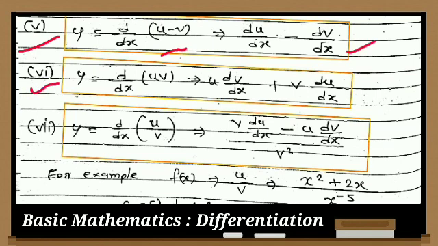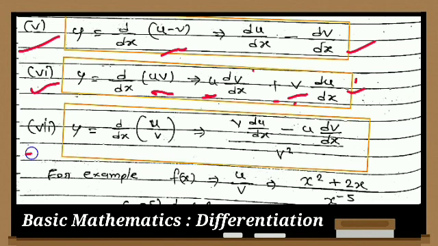Clear? In the sixth formula, y equals d upon dx of uv, so we write u dv by dx plus v du by dx. In the first term we find the differentiation of v with respect to x, and u is the constant term, and in the second term v is the constant, and du by dx is the differentiation of u. You have to remember, or learn, all the formulas as they are.